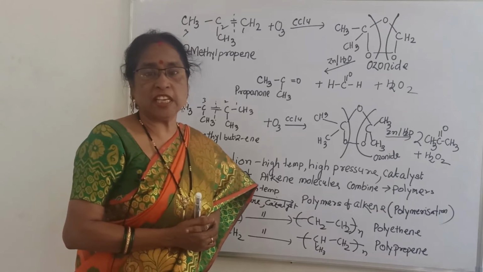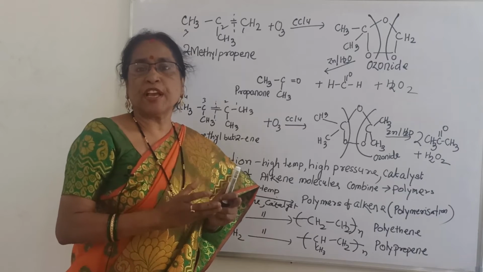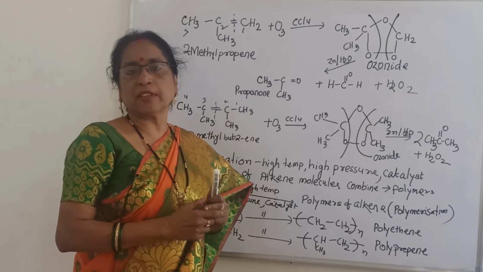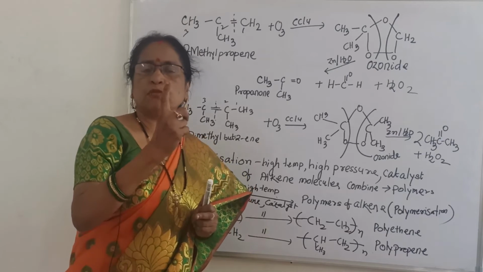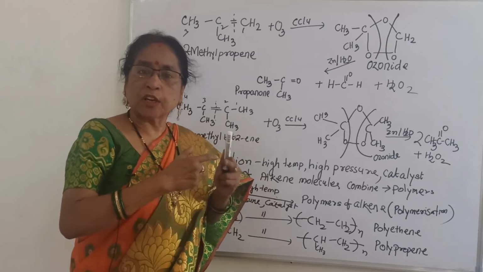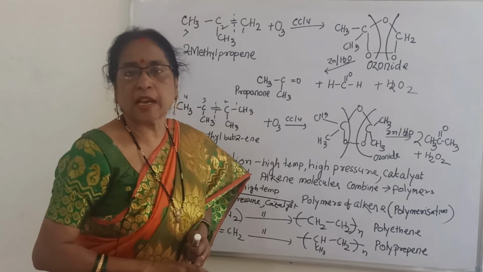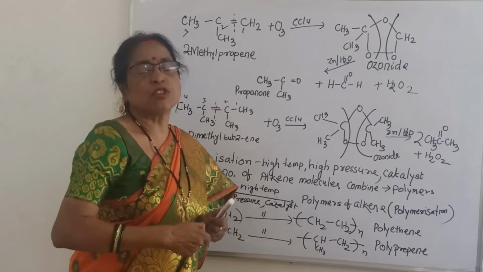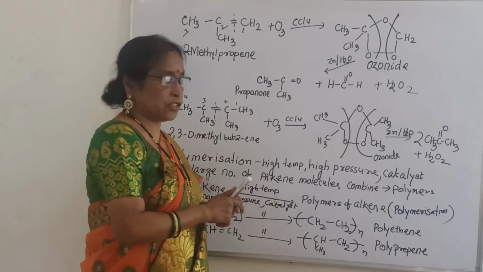I hope it is easy. See again, in a garland full of same flowers, each one rose is called a monomer and the total garland is called the polymer. The process of putting it into a garland is called polymerization.